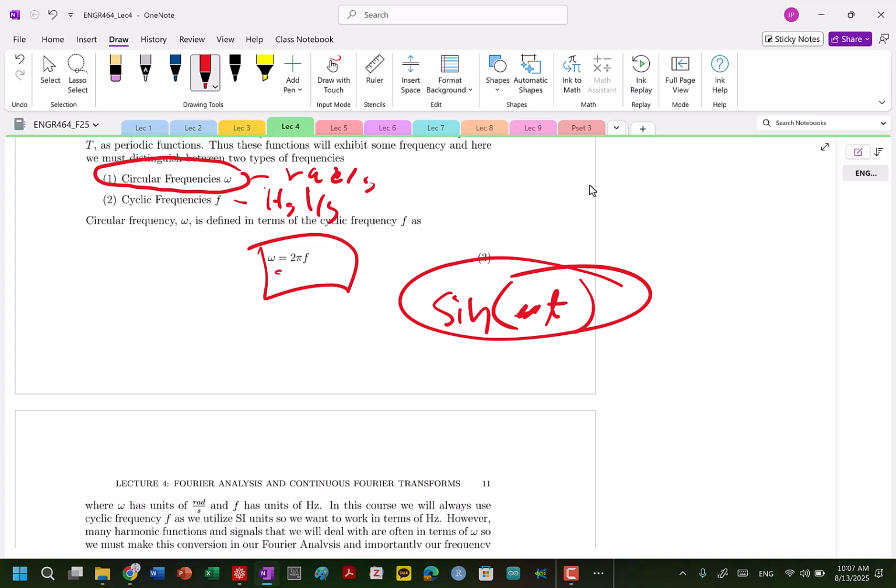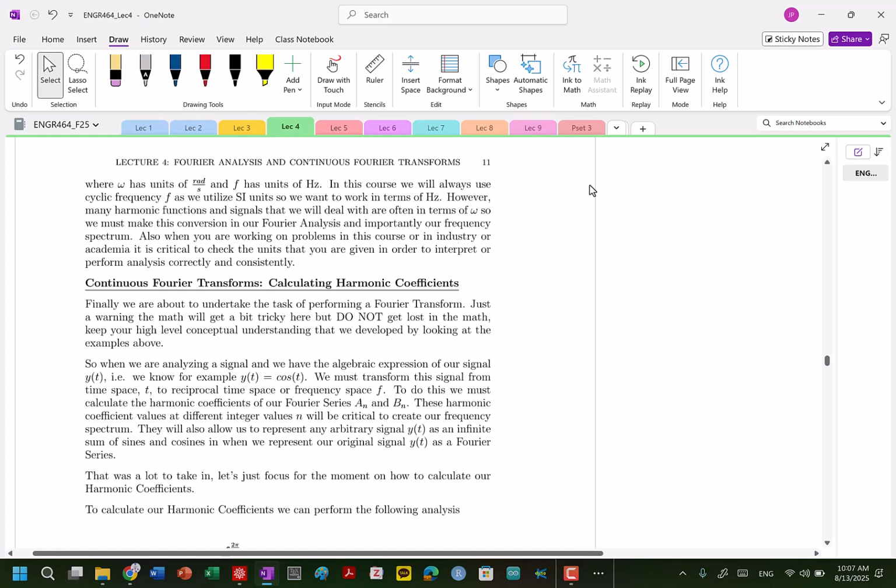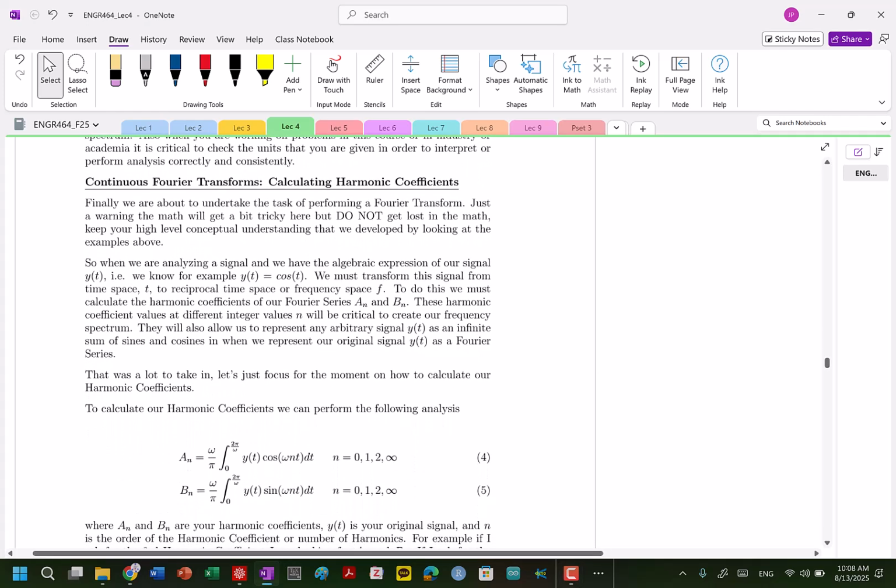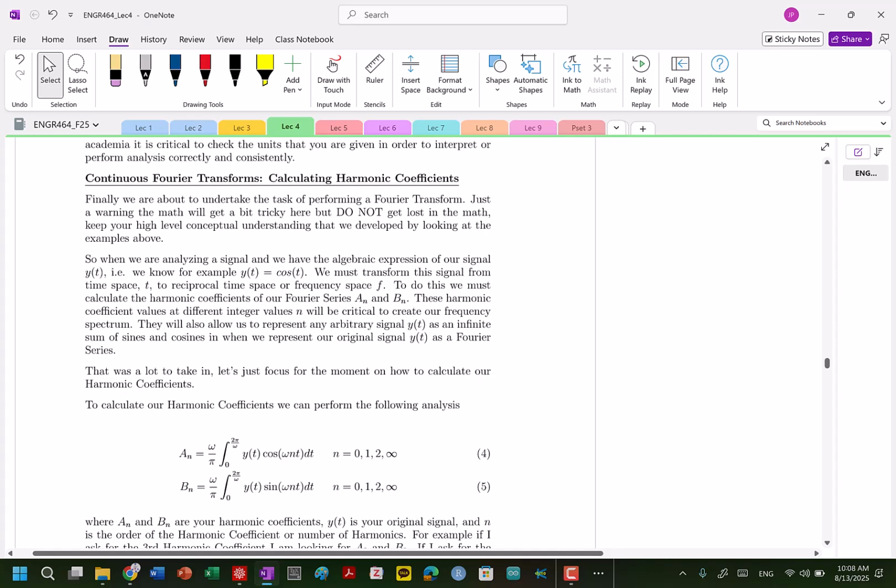However, most of the time we really want to work with things in hertz instead of circular frequency. So just be clear about that as we're working through problems. There are going to be a lot of problems where you're going to see inverse, because people unfortunately switch those or report different numbers, and we want to be able to work with those. So let's figure out how we want to do some of these analyses.